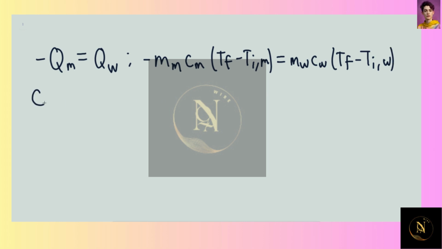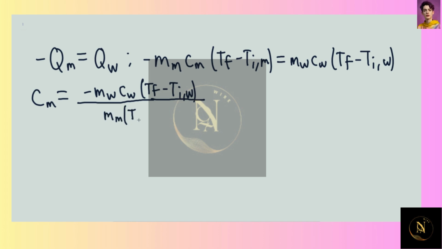And we find that c of m is going to be equal to negative mass of the water times the specific heat of the water times temperature final minus temperature initial of the water, and then this would be divided by the mass of the metal times the temperature final of the metal minus the temperature initial of the metal.